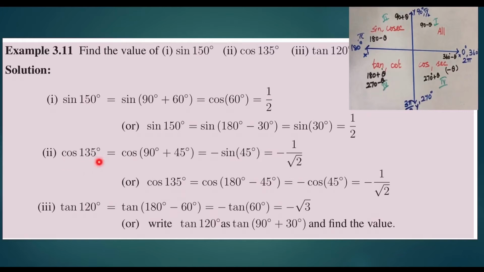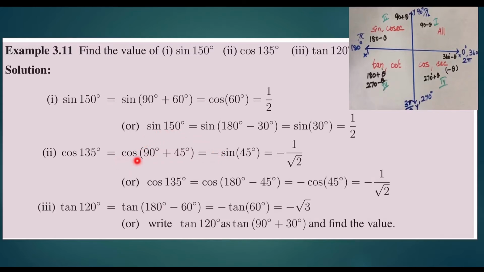Next, cos 135. Cos 135 can be written as cos 90 plus 45, and it comes in the second quadrant. But cos is negative in the second quadrant. As 90 comes here, there is change in trigonometric ratio.